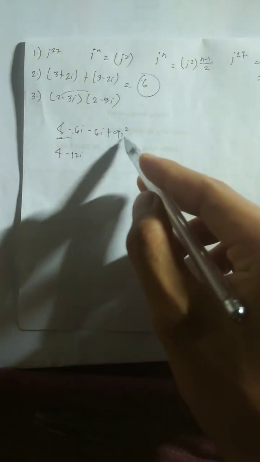And as you remember earlier, i squared is equal to negative 1. So we're gonna substitute it.